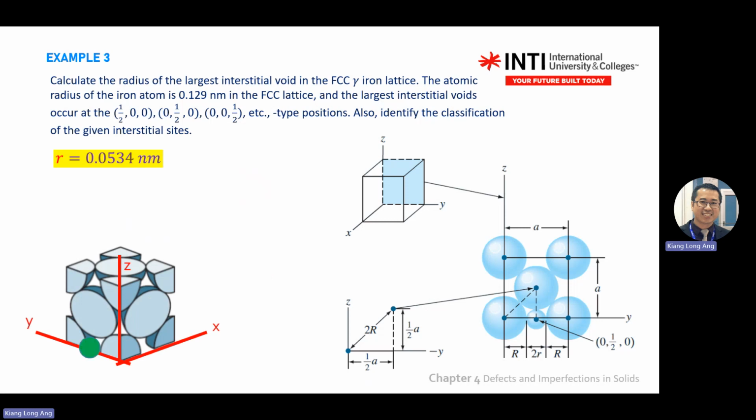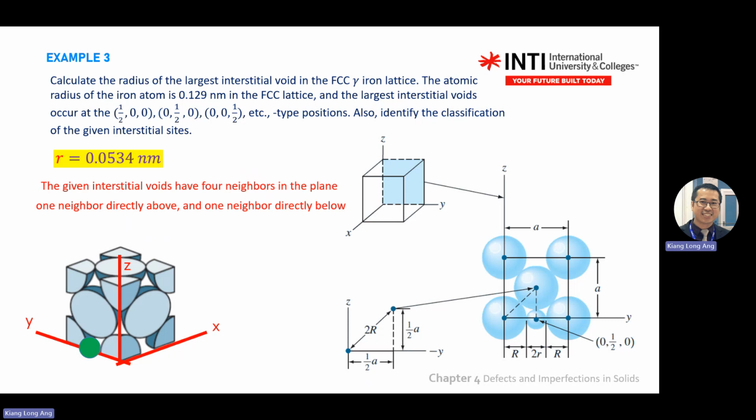Okay. So like the one I drew on the canvas here, I drew the blue dot, green dot there. So how many green dots can you fit in this FCC cubic? One here, one here, one here, one here, 4.